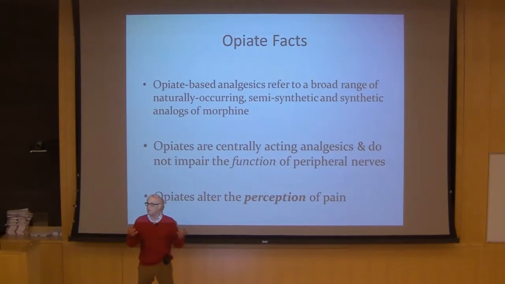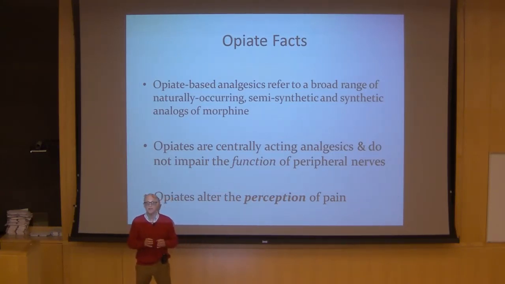A good example of this is fentanyl, which is about 100 times more potent than morphine itself. Many of the opiates have come from the opium poppy, like morphine or codeine, or others have been modified from those molecules to produce some synthetic derivatives.